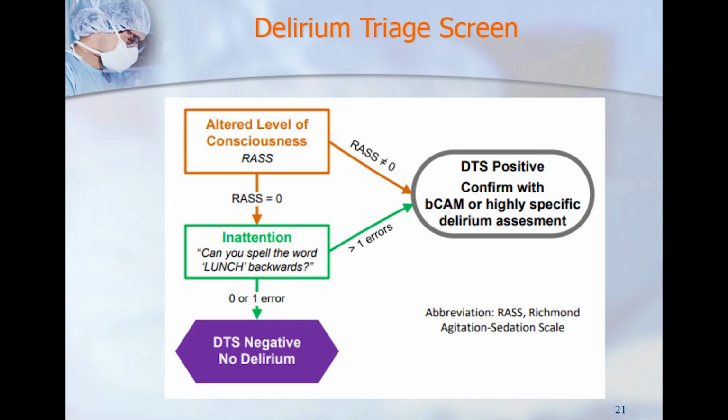To be positive, you need more than 1 error. So L-U-N-C-H backwards is H-C-N-U-L. Well, that's still, sorry, that's two errors. So more than one error means positive, so you need to go ahead with the bCAM.